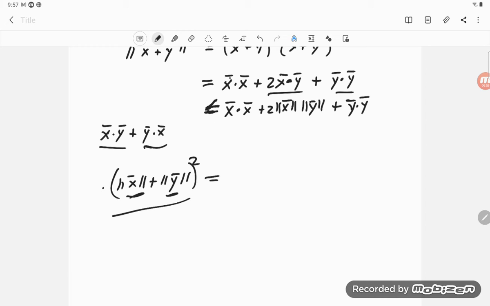So there's my less than or equal to. Here's equals. And this is equal to the norm of x plus the norm of y squared, right? Because I'll get the norm of x squared, which is x dot x, the norm of y squared, which is y dot y, and then the mixed term of 2 times these things.